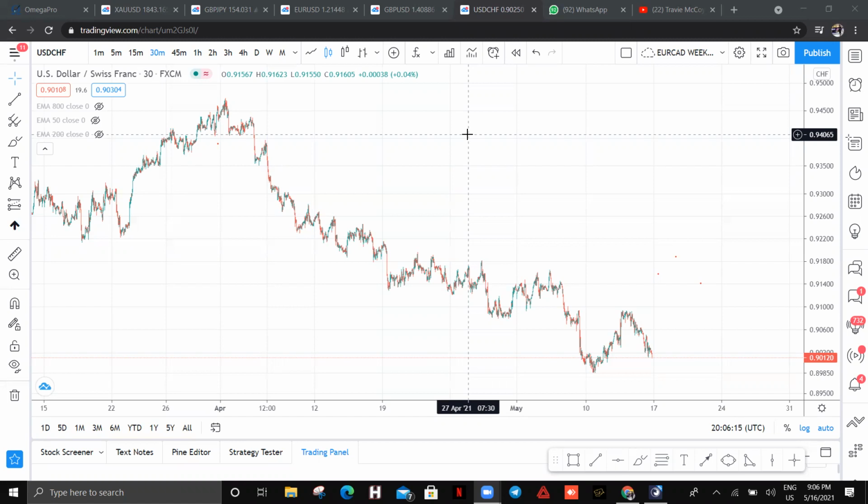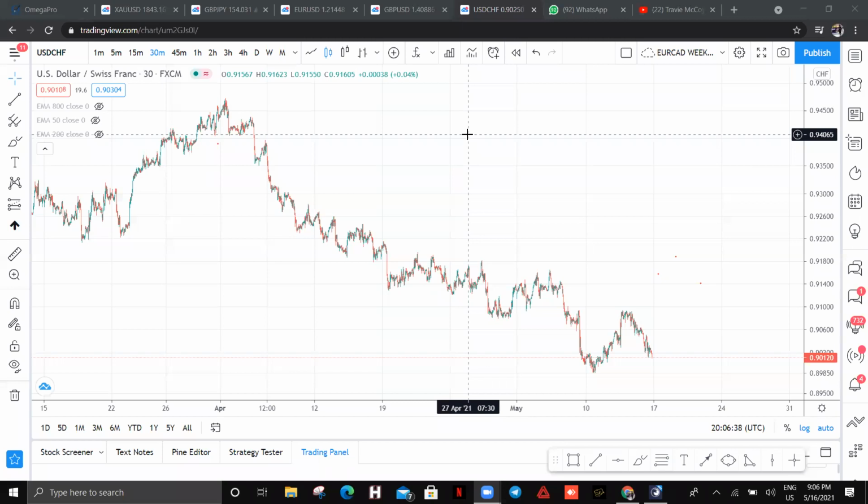From 15 minutes, we noticed that you can draw your rectangle on the 4 hours and enter on 15 minutes. And I noticed that if you're an intraday trader, that means you close your trades every day, you go in and out of every trade, you can draw your rectangle on any smaller time frame that you want.